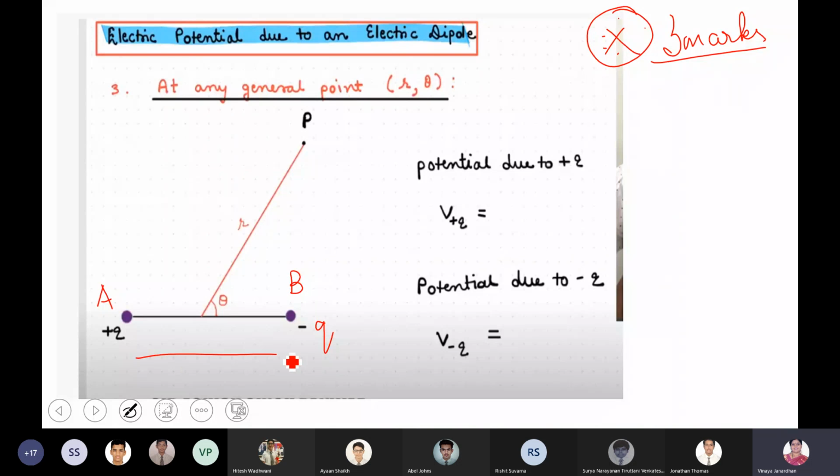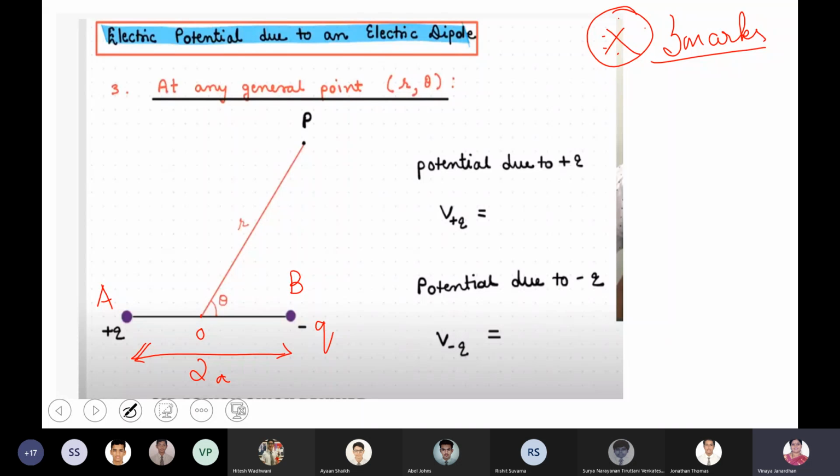So let me go for this, boys. This will be the central point of your dipole. So I have 2 charges, plus q and minus q, separated by a certain distance, right? And that distance is called the length of the dipole. Is that clear, boys?